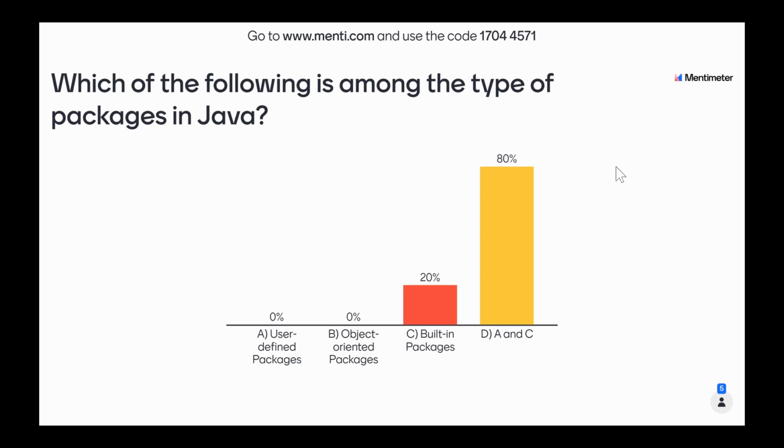What a package does is that it groups your classes for you, just like a folder. So a package is a folder that you put certain related classes in. If you want to group other classes in another package, you create a new package and you group your classes in. So the correct answer here is D, A, and C.